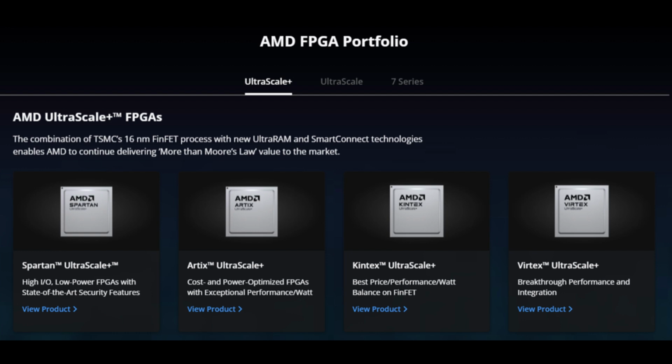In general, the smaller the process node, the better the chip performance. With finer geometry, more logic cells can be packed into the same area, and power consumption can also be reduced. This gives newer generation FPGAs significant advantages in both speed and energy efficiency.